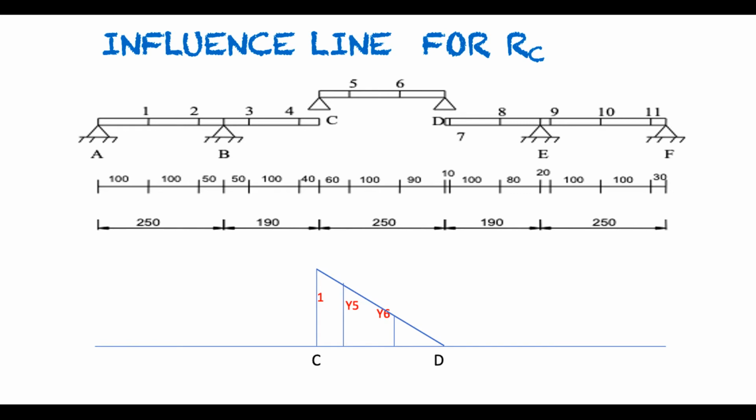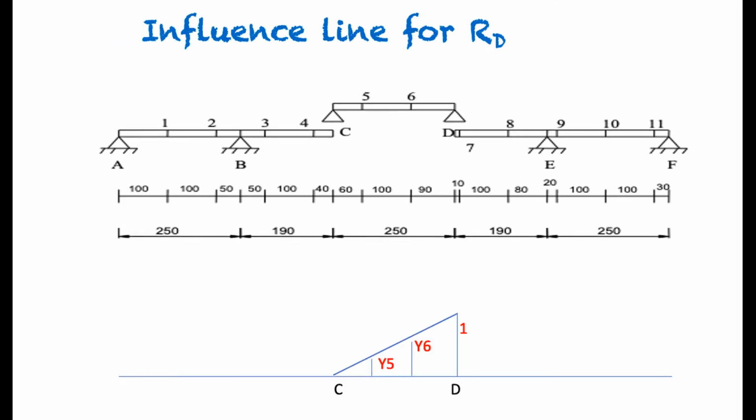And for the influence line of RC, again we will push the support C 1 unit up, and it is maximum at C, and the same procedure for the influence line for RD.